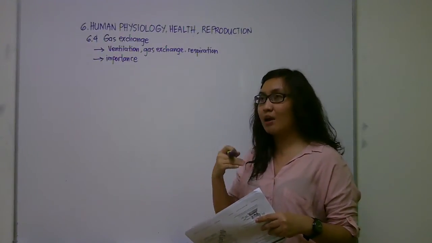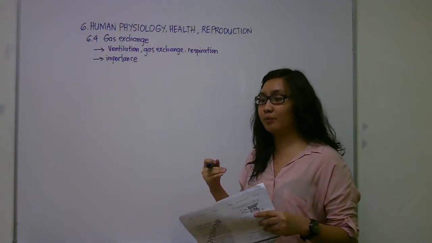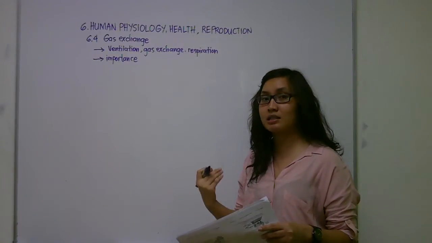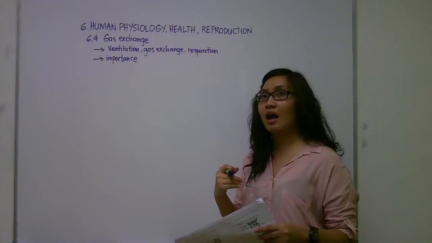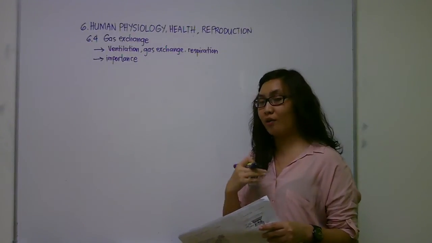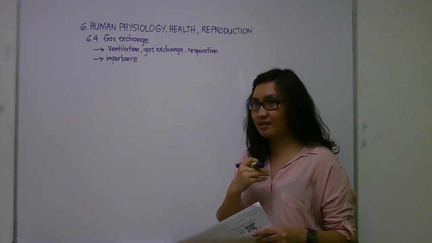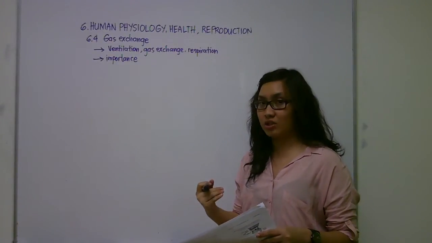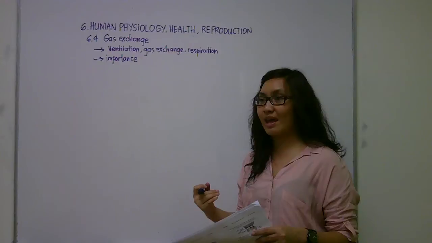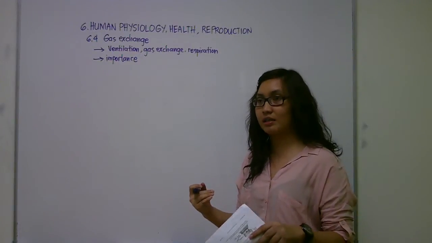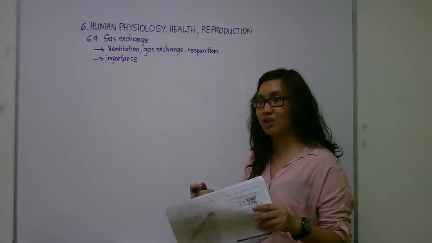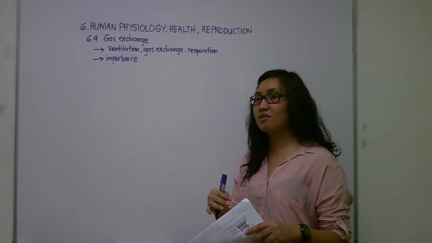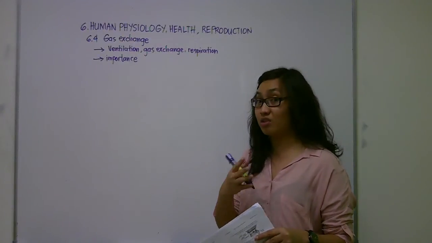Since our cells are respiring aerobically, they need oxygen, and the only way all of our cells would receive oxygen is through gas exchange. With the help of blood circulation, the transport system makes sure that each and every cell is provided with oxygen.